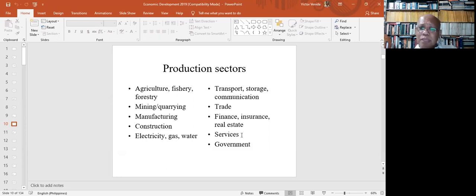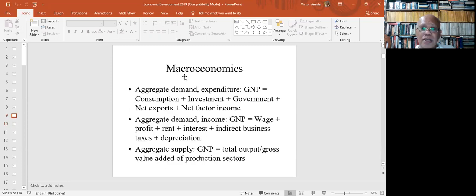So the sum total of the gross value added of these 10 production sectors put together will always equal the expenditure equation on the demand side and the income equation on the demand side.